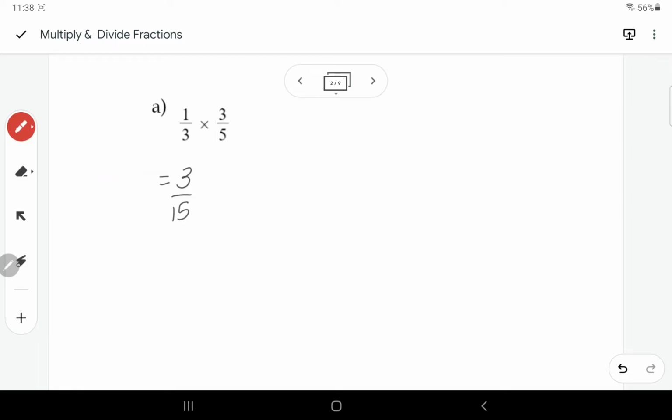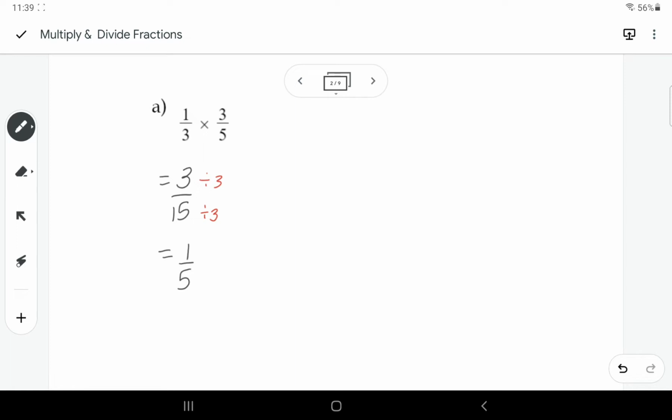So I would need to say, what number divides evenly into 3 and 15? And that would be 3. So I'll reduce my fraction, divide top and bottom by 3, and I get 1/5. So that didn't work too badly.